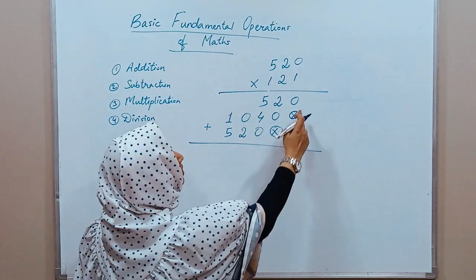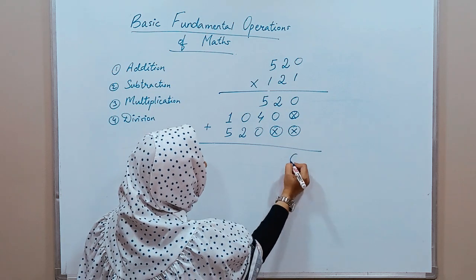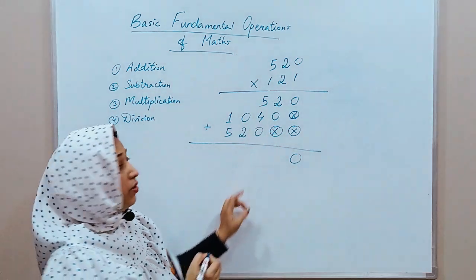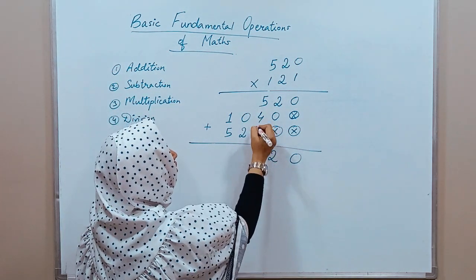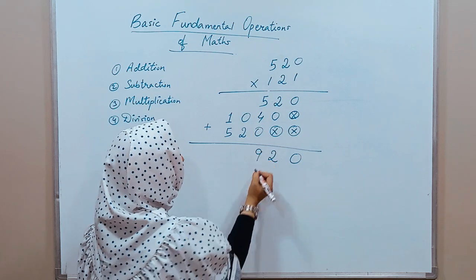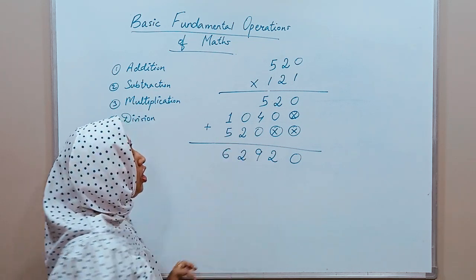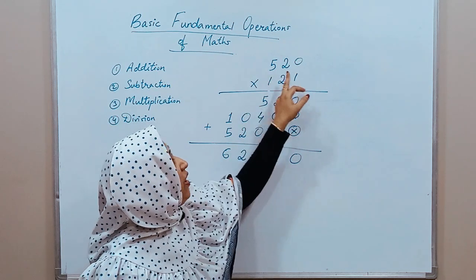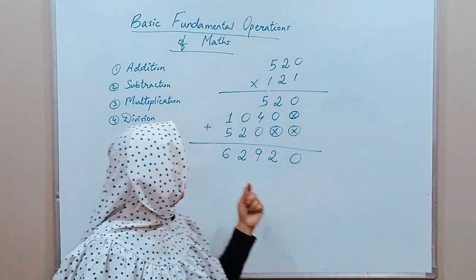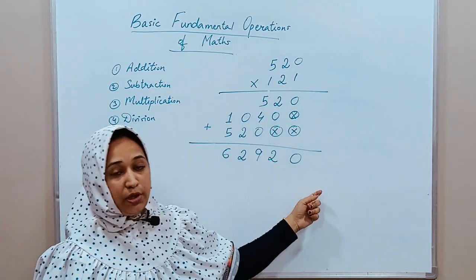Okay, rightmost digit is 0 plus 0 plus 0 is 0, 2 plus 0 is 2, 5 plus 4 plus 0 is 9, 0 plus 2 is 2, and 1 plus 5 is 6. So your answer for 520 into 121 is 62920.